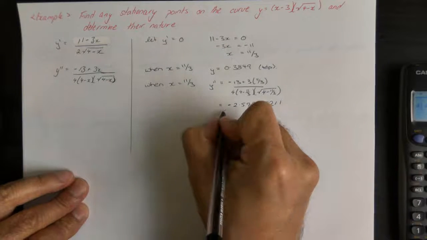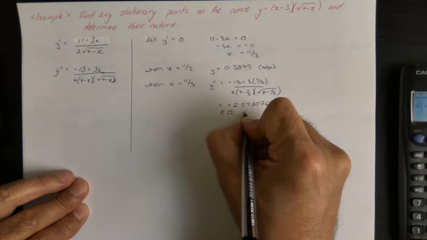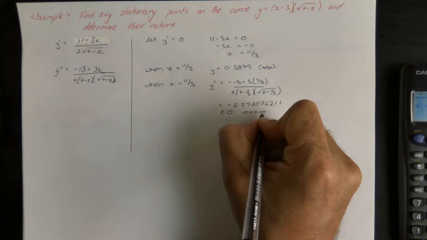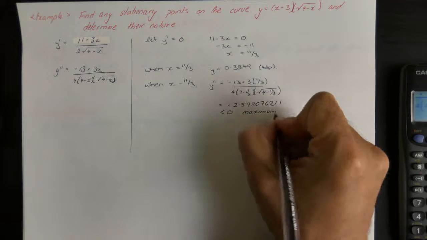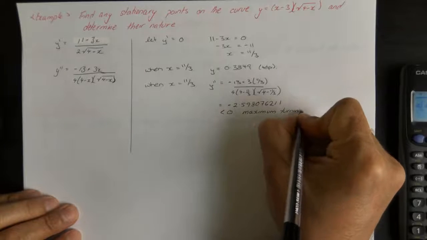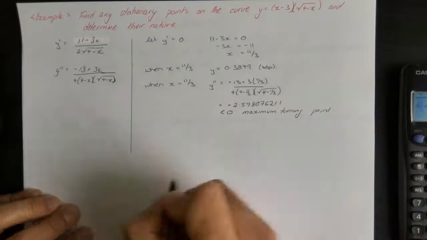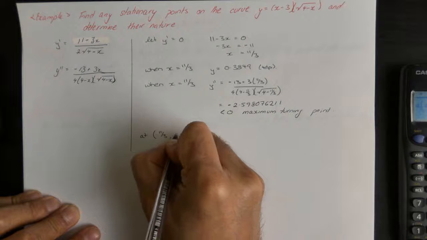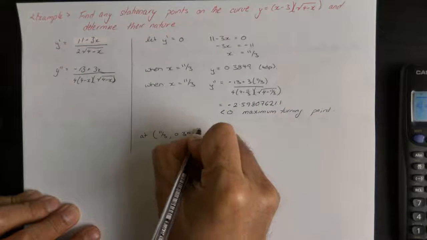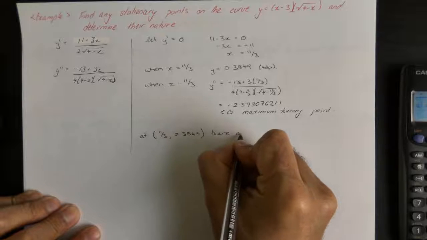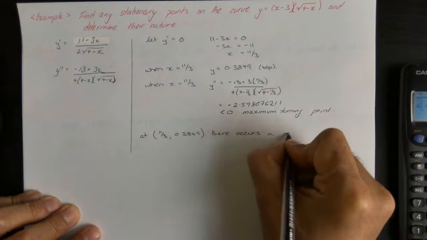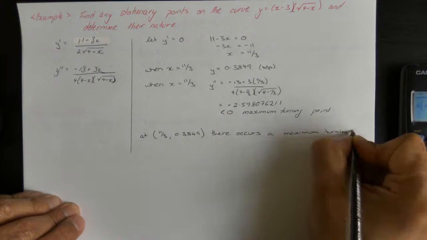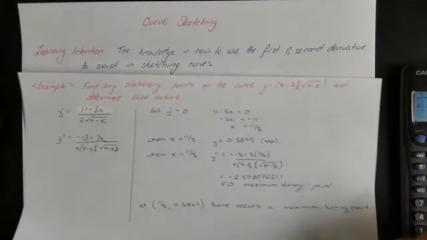Okay, which is less than 0, which means it is a maximum turning point. So to conclude, at this point there occurs a maximum turning point. Okay, good luck.